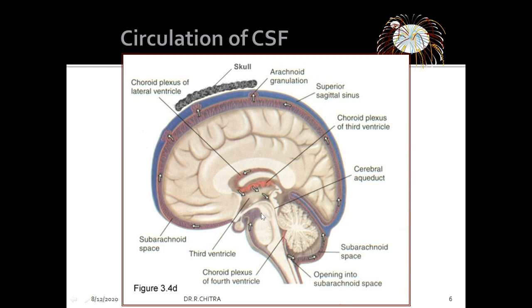You all should know how the CSF is circulating, how it is formed. It is formed in the ventricles by the choroid plexus, then it escapes through the foramina, so many foramina in the fourth ventricle. It escapes into the subarachnoid space also. It runs in the ventricles and central canal, escapes into the subarachnoid space in the cisterns.